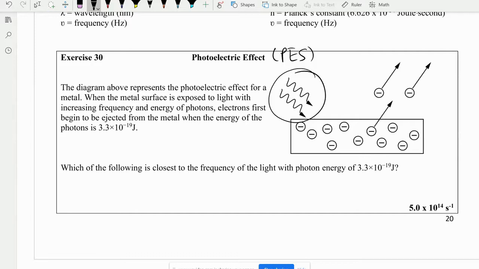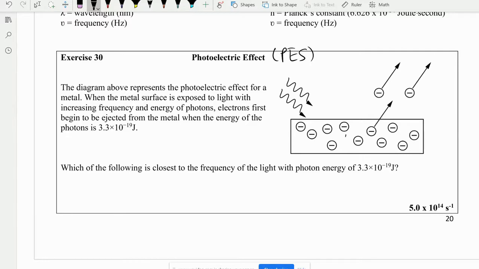And what happens is you then bombard an unknown sample with that photon source. When that energy source hits that sample, it excites the electrons to come flying off the sample, which is what you're seeing over here. Now, those electrons can be captured by some device and measured. We can understand a little bit more about the energy it took to eject those electrons.